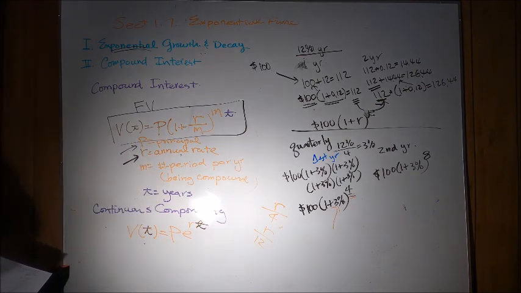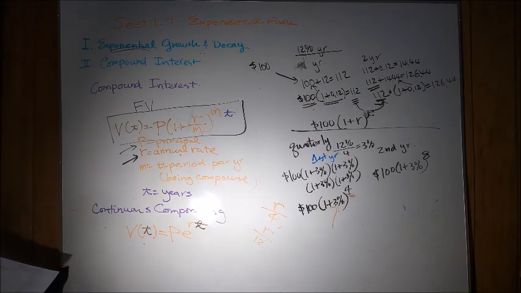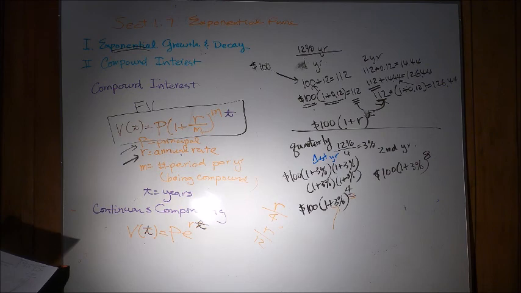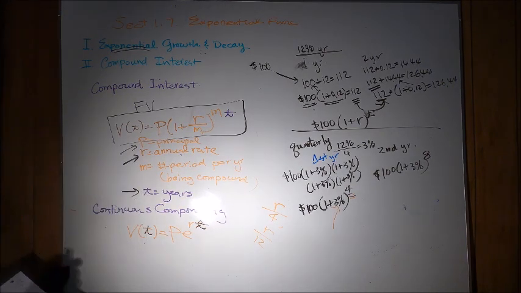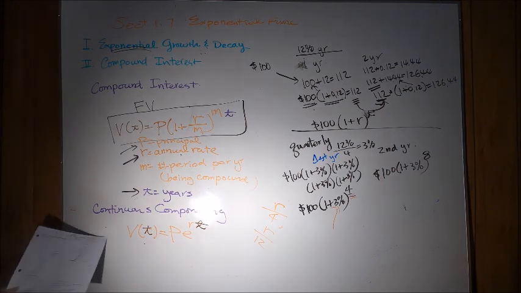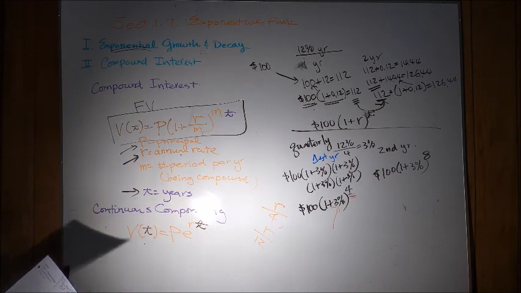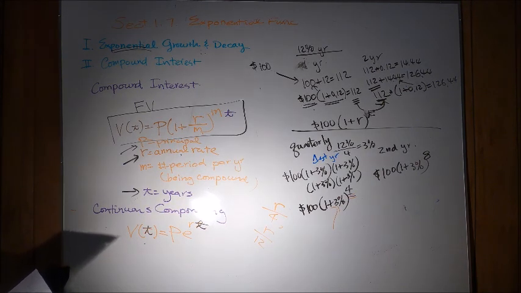Usually the bank will tell you, oh, what's our interest rate? Usually they give it to you annually, okay? Then T is the years. So that's the formula we are going to use to calculate continuous compounding, okay? Then let's take a look at how we are going to do that.